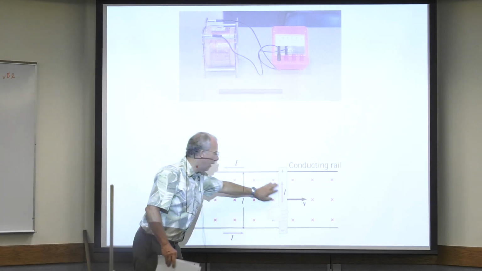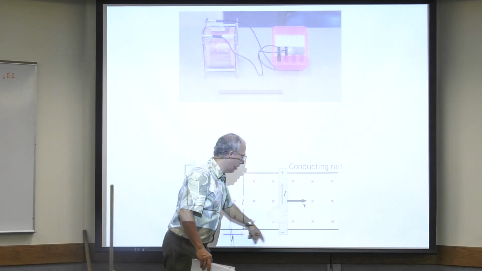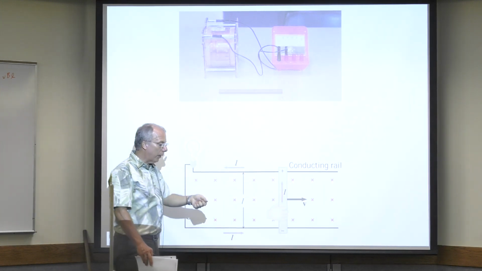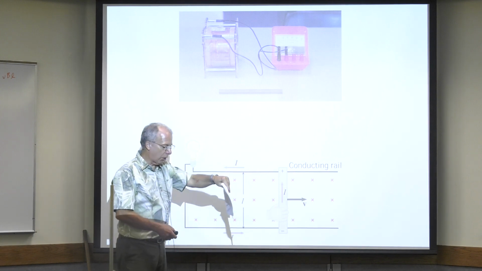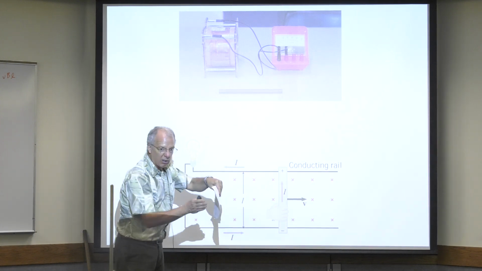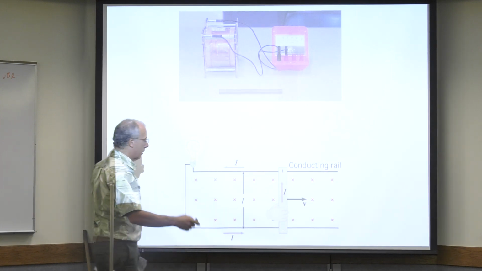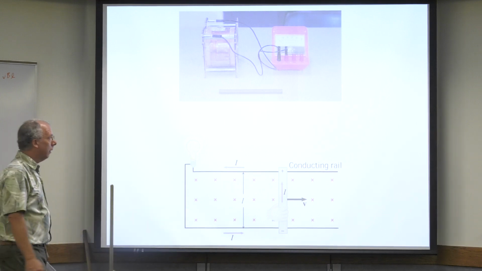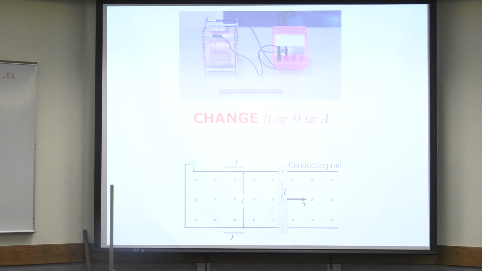Here, this area was changing. As this thing moves to the right, the area is getting larger. And on this one, remember I took the magnet and this is the coil, I changed the angle. So magnetic field, area, and the angle. If I change the B or the theta or the A, I was able to produce the induced current.